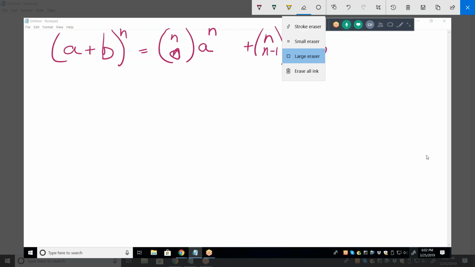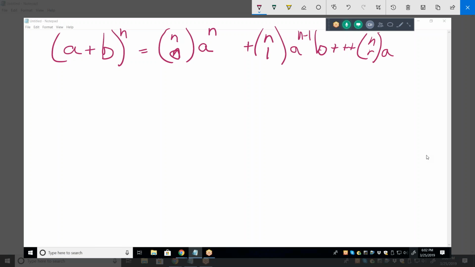And this one is n choose 1, a to the n minus 1, b, plus, plus, plus, n choose r, a to the n minus r, b to the r, and then that's the second to last term, and the final term is n choose n, b to the n.